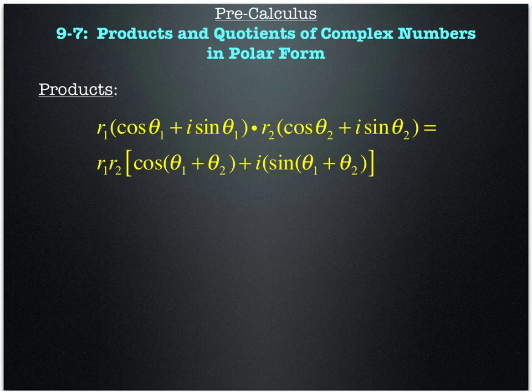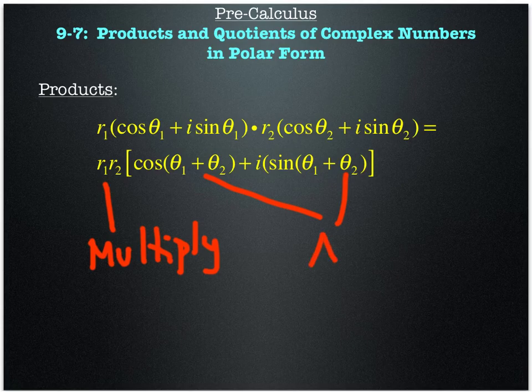So really what this is saying is that if we have two complex numbers in this trigonometric form, the two r values, we can multiply them, and the theta values, which are the angles here, we add them. So multiply the r's and add the thetas. That's kind of the key mantra for this little formula.